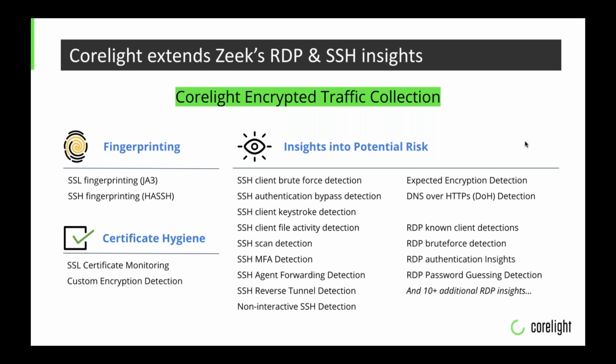We're also going to give you insight around that authentication and let you know if it's successful. On the RDP side, same thing: brute force detection, authentication insights, and password guessing insights as well, so we can highlight when someone appears to be trying to guess a password. A whole range of rich insights and detections around RDP and SSH traffic out of the box with every Corelight subscription on our sensors, no matter the form factor.